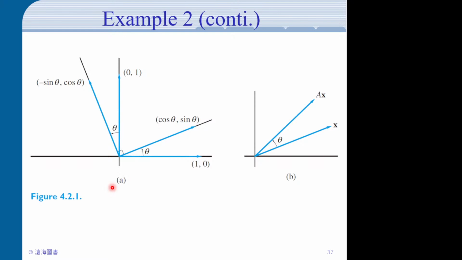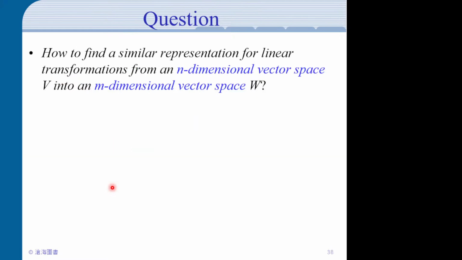Okay, so yeah, we have more generalization. What are we generalizing to? We are generalizing into abstract vector spaces. So we have been talking about linear transformation from Rn to Rn. Those are very concrete vector spaces, spaces of n-dimensional or m-dimensional column vectors.